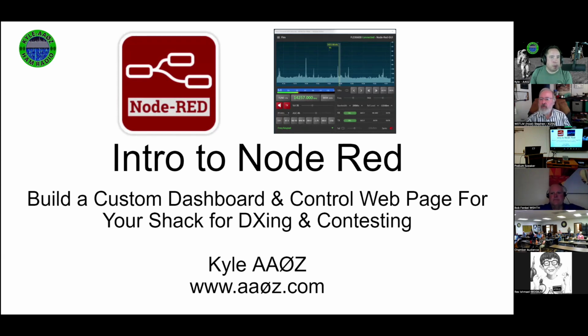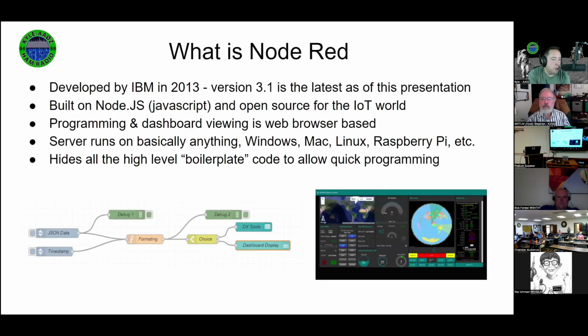All right. So Node-RED. What is Node-RED? Node-RED is a program. It was developed by IBM in 2013, and 3.1 is the latest as of this presentation. It's basically built on JavaScript, which is an open source programming language. And Node-RED was developed for the Internet of Things, connecting your washer to your dryer and your TV to your microwave, for machine-to-machine communication.